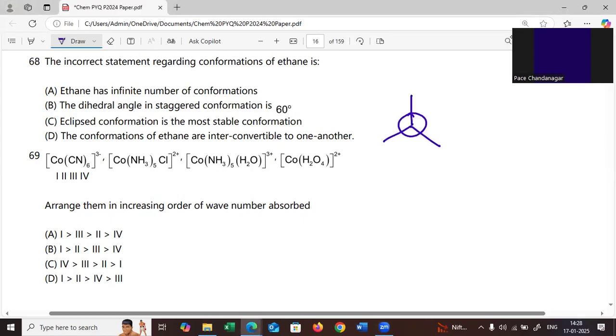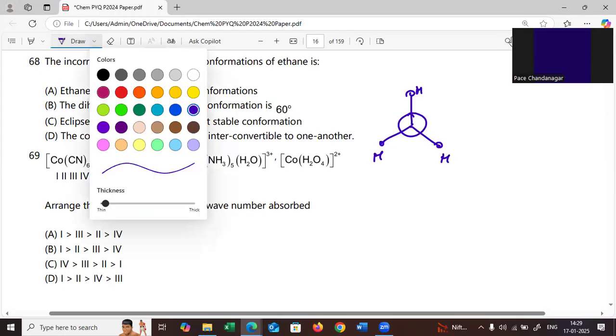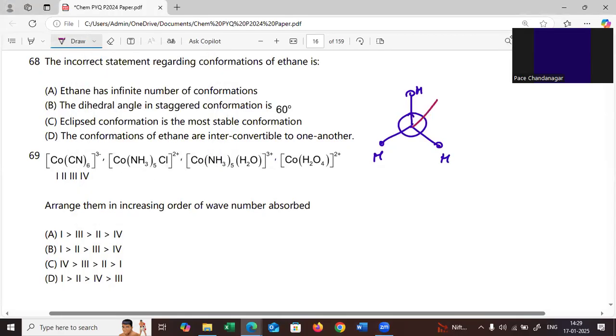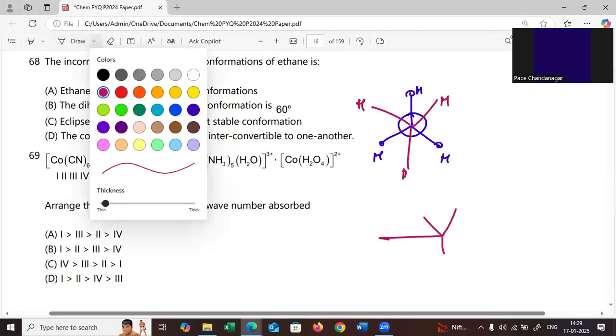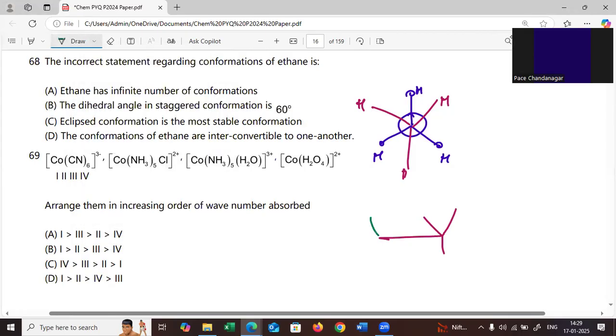And the staggered configuration: if I have these three here, hydrogen, hydrogen, hydrogen, this is CH3, and at the back, I'm using another set here, here, and here. These three are my back carbons, and the other ones are these three.